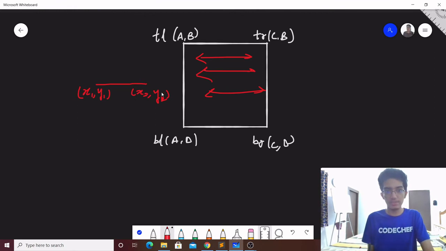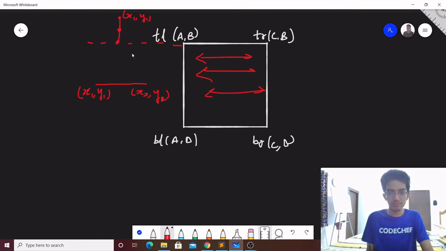Or let's say that a snake was here, x1, y1. So as long as its tail is less than b, this won't protect us from the horizontal arrows, right? So we need to keep on extending it till we reach b.